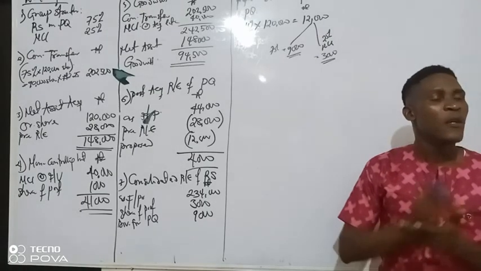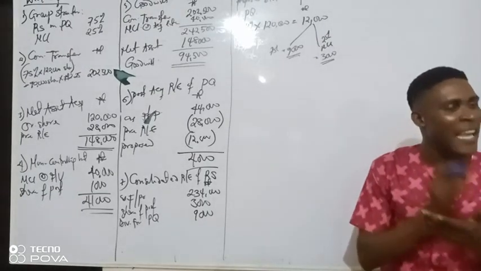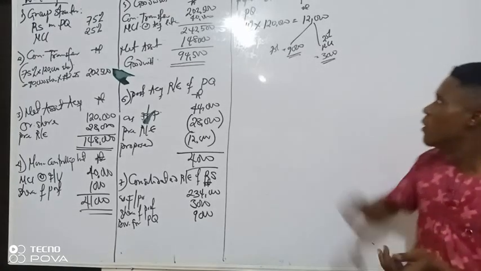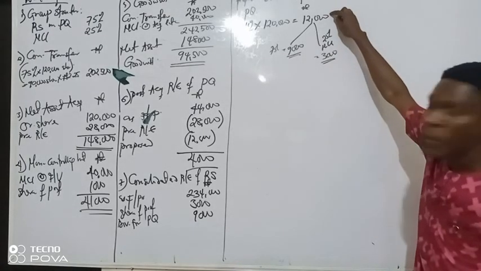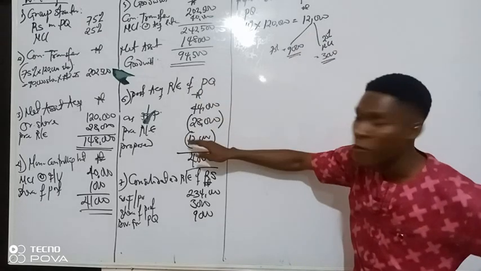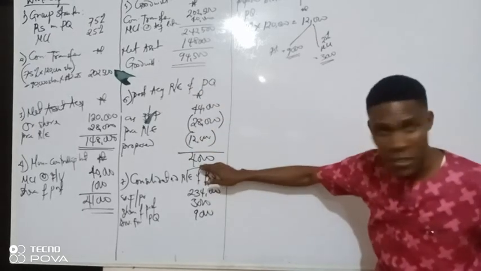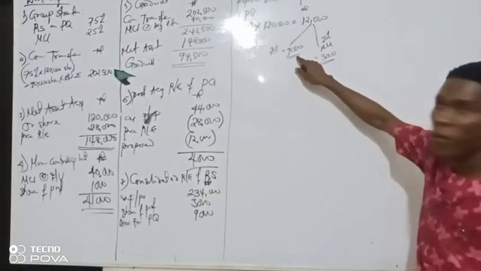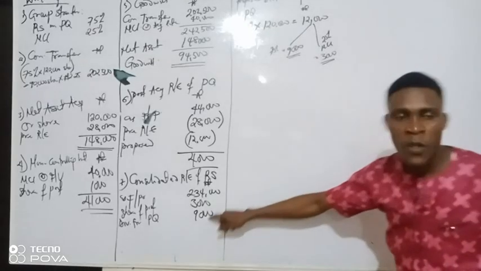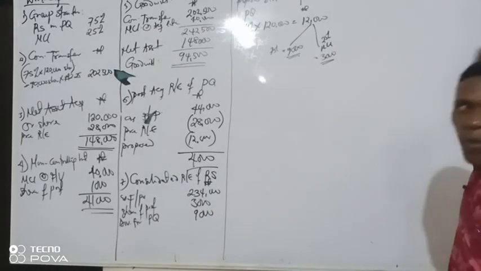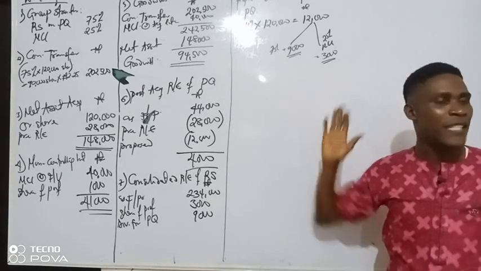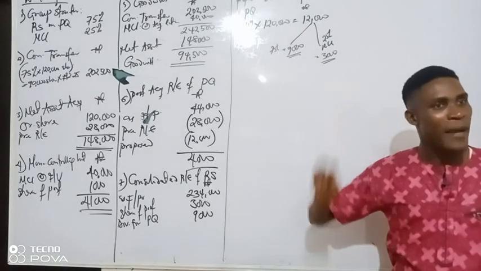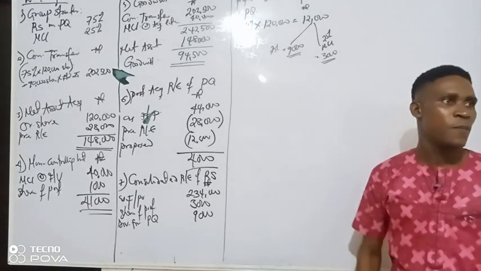So when a dividend is declared and has not been paid, deduct the dividend from the subsidiary's profit first before you share. The portion that belongs to the parent, give it to the parent. The one that belongs to the NCI, add it to payables. That's when a dividend is proposed by the subsidiary and has not been paid.